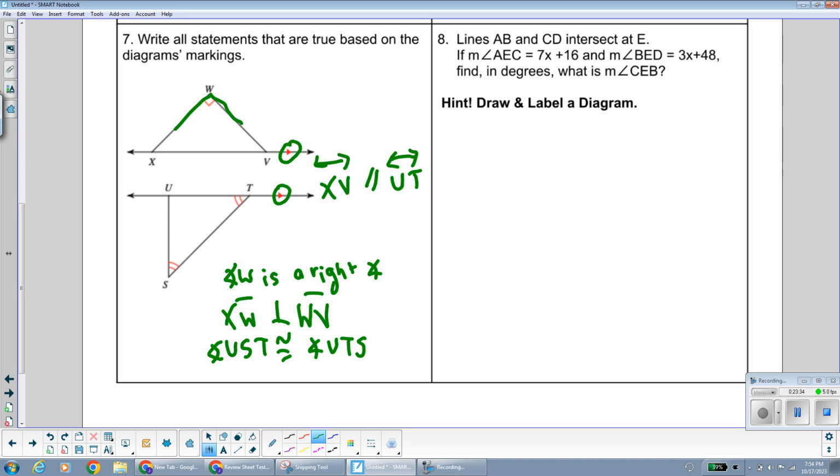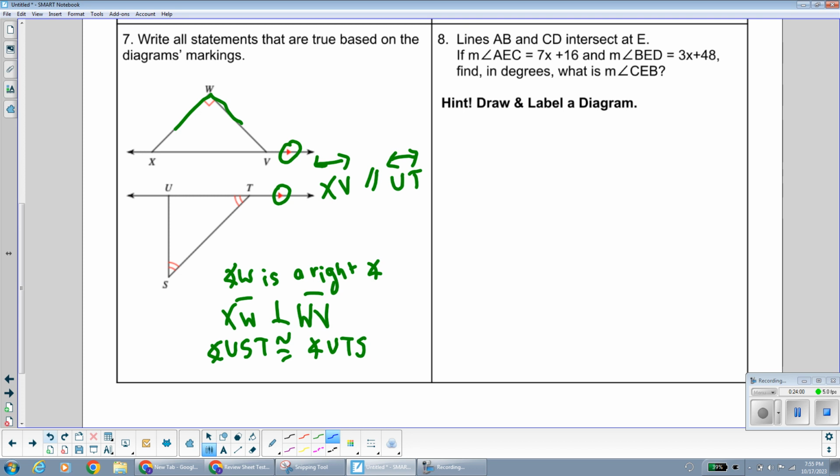There are other statements you can make. You can say angle SUT is supplementary to the angle next to it, which is true because together they form a 180-degree angle. You can name obtuse angles and acute angles, all true. But I think we have the main points down here, and I'm going to move on.